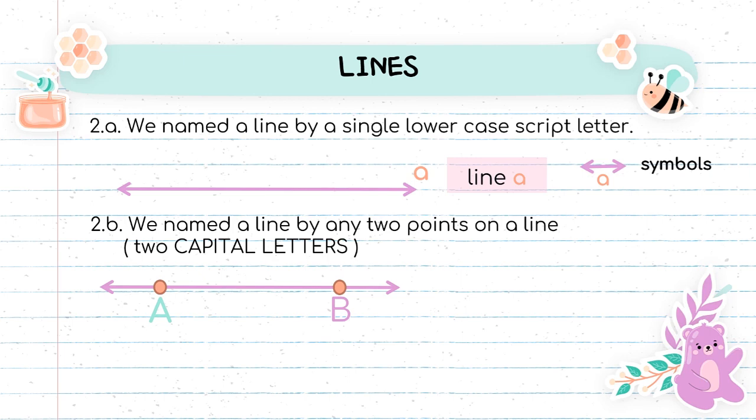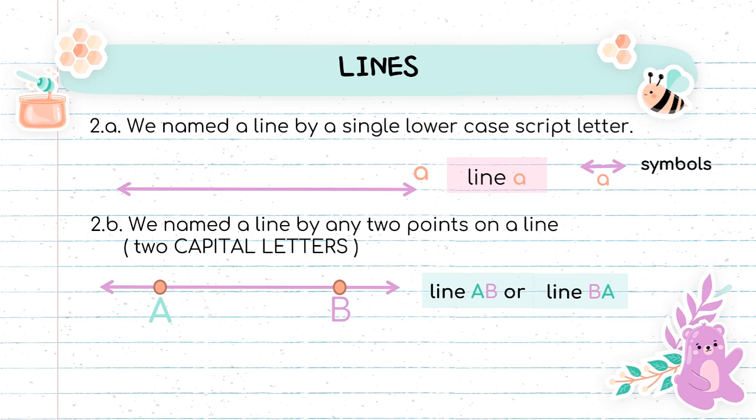Paano natin isusulat yan? Papangalanan. So, I have here the word line, L-I-N-E. Tapos yung points, A-B. So, ang basa dyan ay line AB. Or line BA. So, vice versa. Alin man dyan is considered as correct.